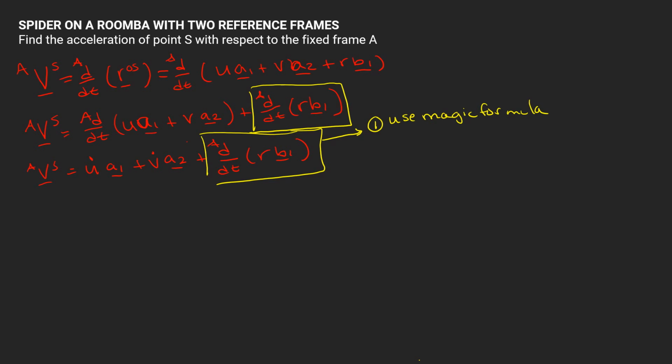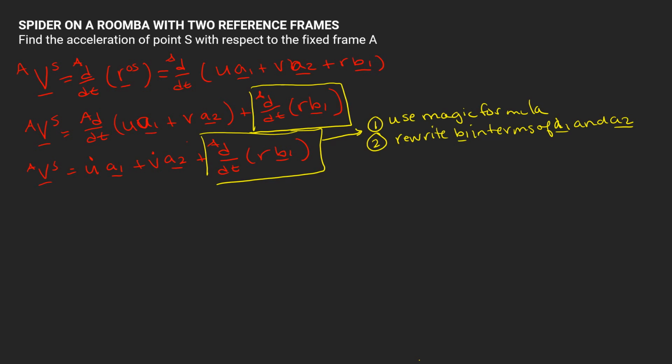So we're going to skip that approach at the moment, and we're just going to move on to approach 2, which is to rewrite B1 in terms of A1 and A2. Basically what we did just a moment ago.